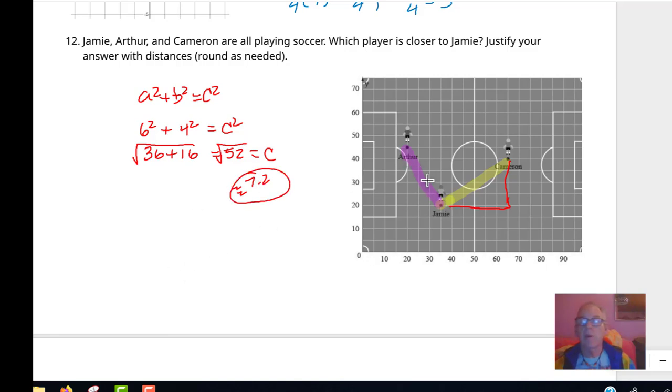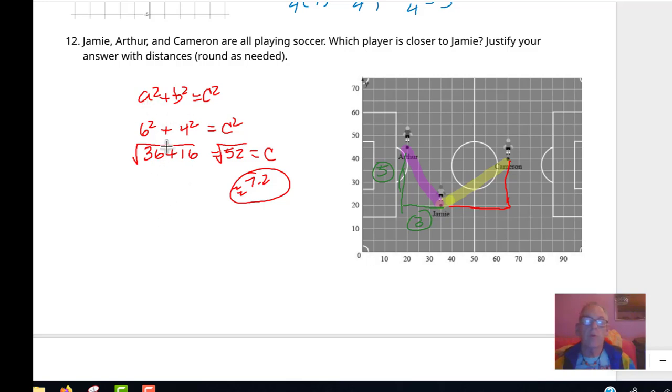Now we've got to do the same thing for this other distance over here from Jamie to Arthur. So let's see what we got. Let's sketch the triangle. We have a 1, 2, 3 distance in the x direction, and we have a 1, 2, 3, 4, 5 distance in the y direction.